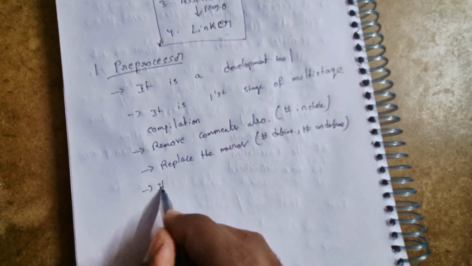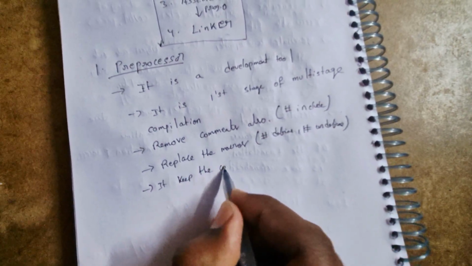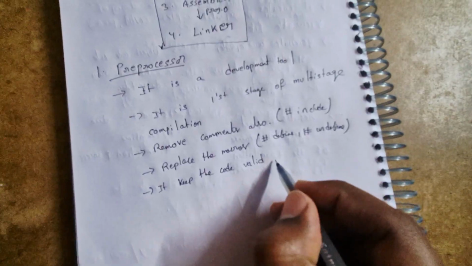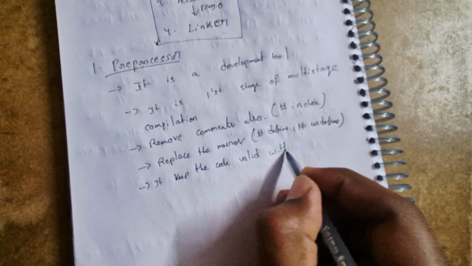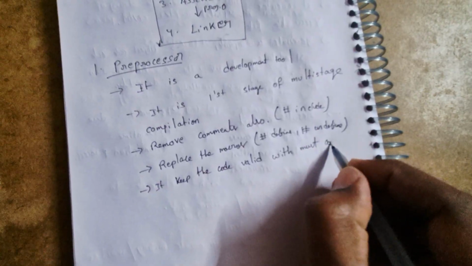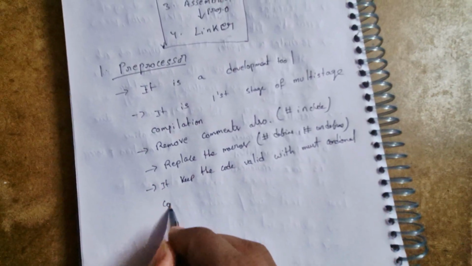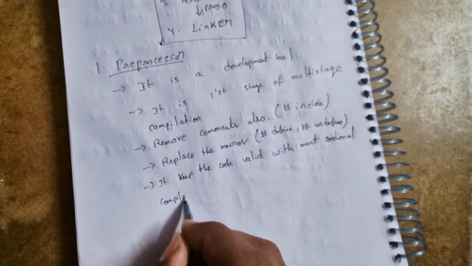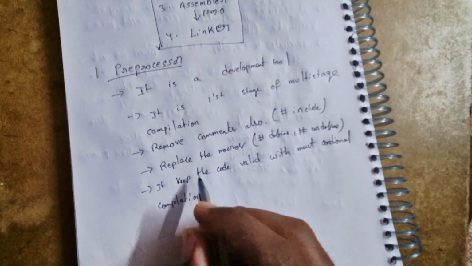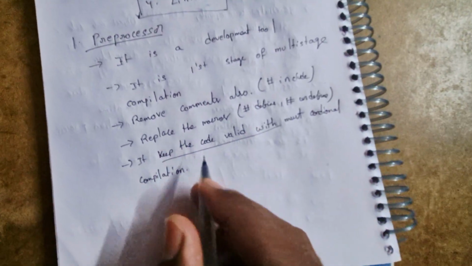And it keeps the code valid with conditional compilation. What is keeping the valid code with conditional compilation?